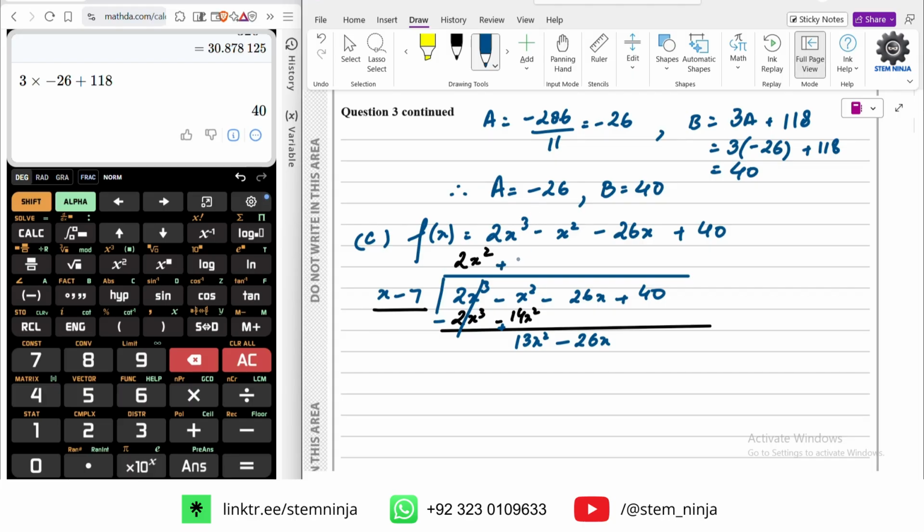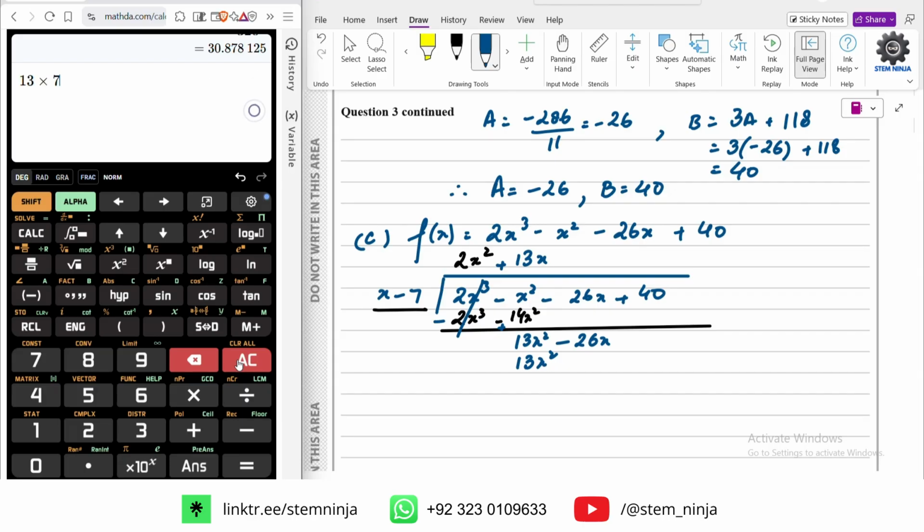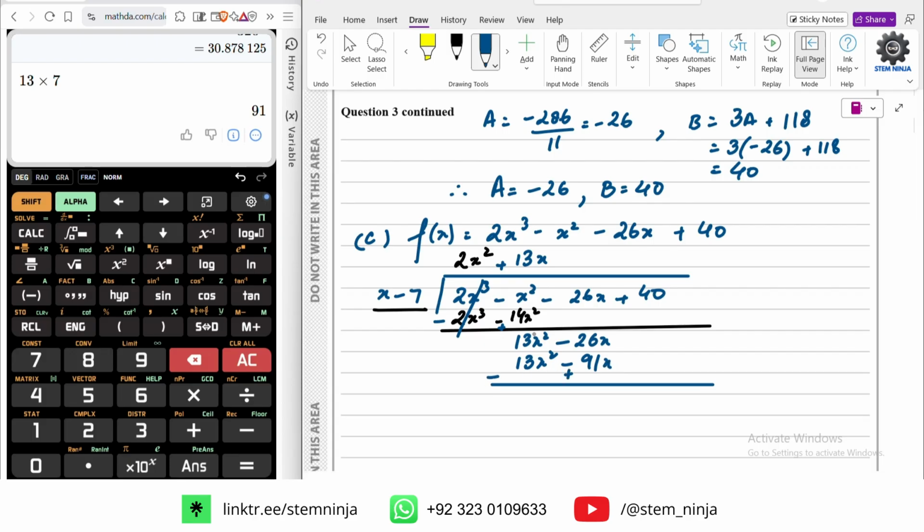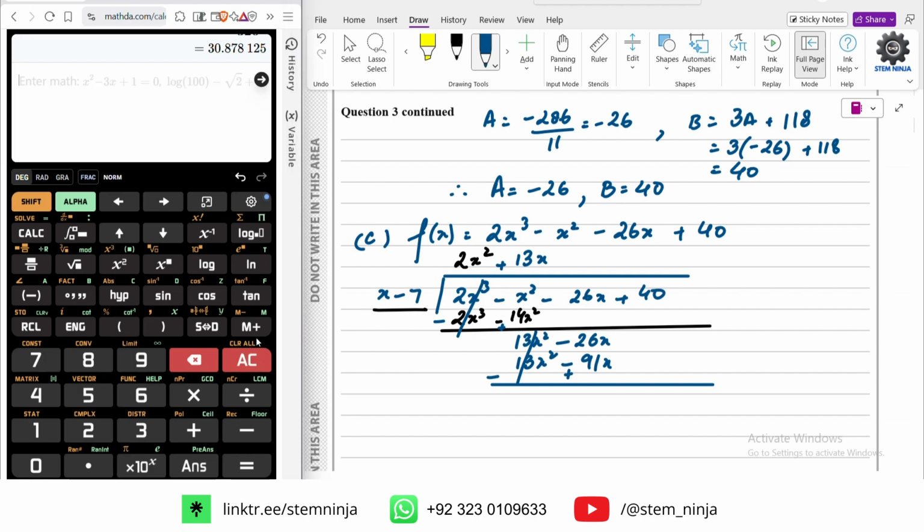So now we need to multiply with 13x, so we will get 13x squared, and 13 times 7, that is 91x. So again, signs change. So 91 minus 26, 65x.